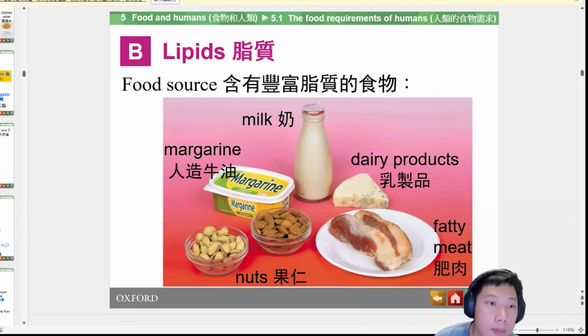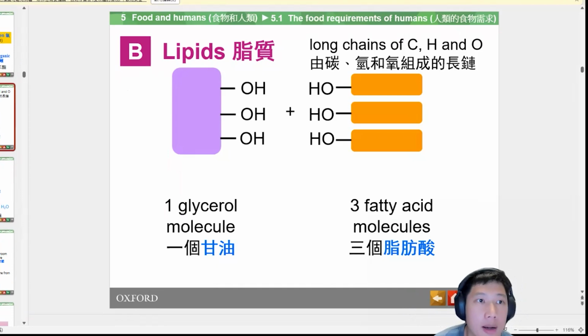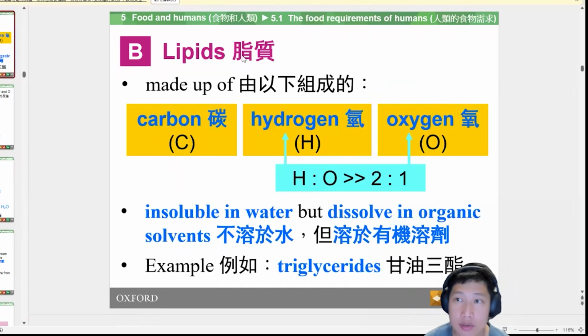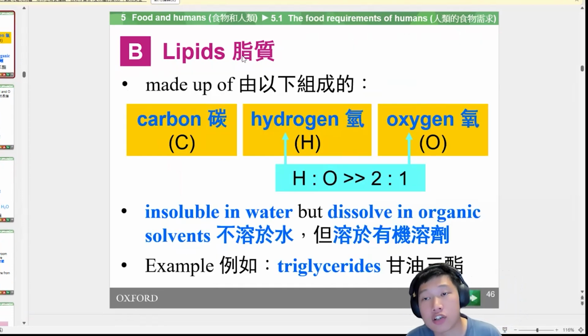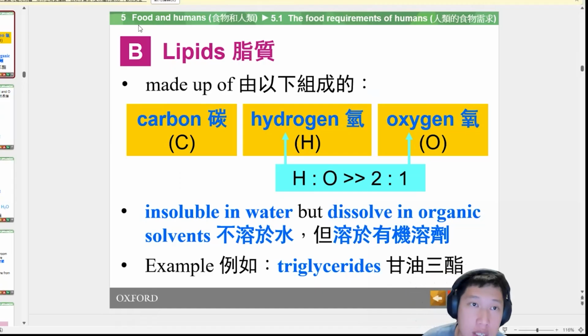Now, for lipid, please be noticed that lipid has a higher energy value. Normally the lipid will contribute around two, or even higher than two, ratios of energy. So what does this mean? For example, assume we have 1 gram of carbohydrates.